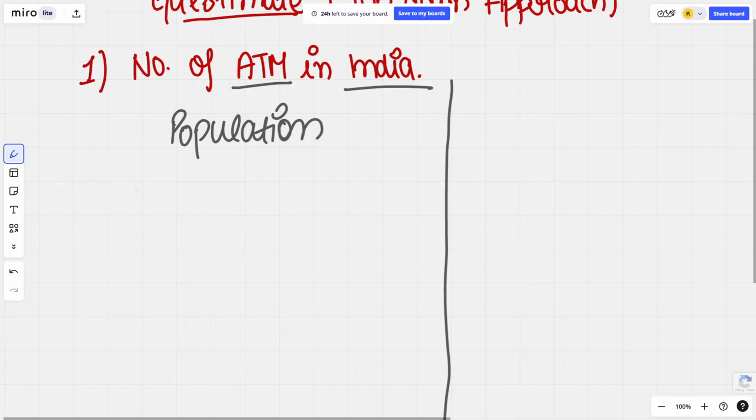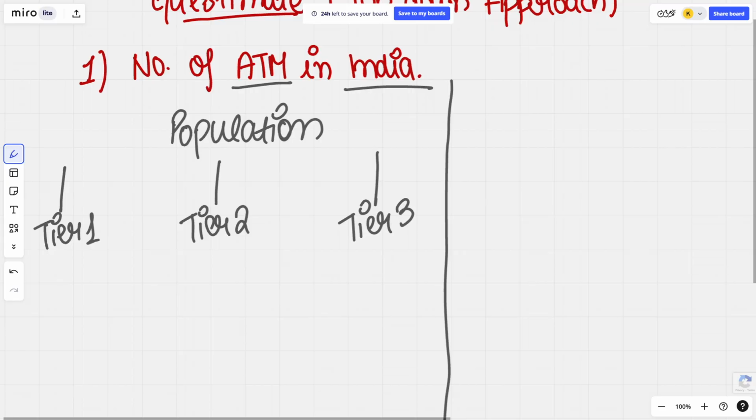There are two ways. Either you can filter using urban and rural, or another option which I will be using: tier 1 cities, tier 2 cities, and tier 3 cities.